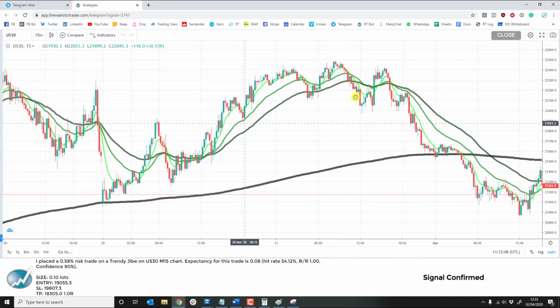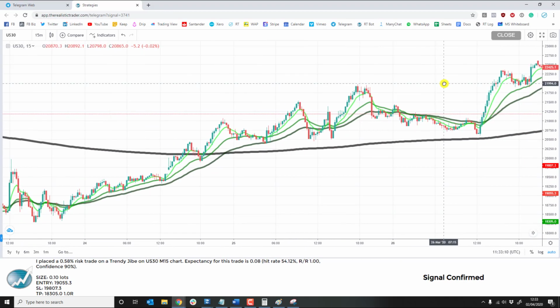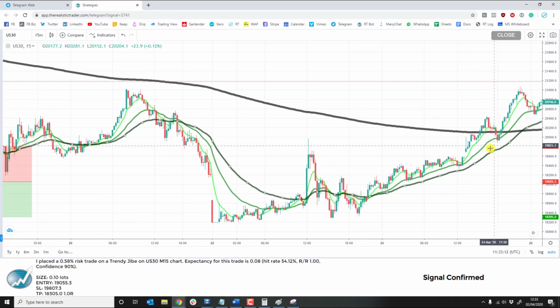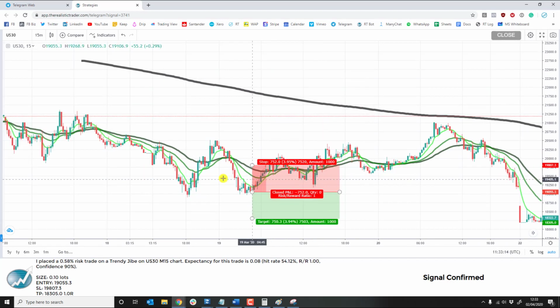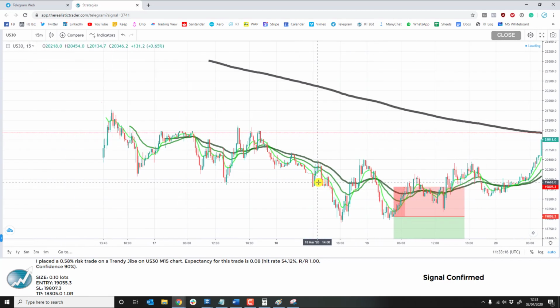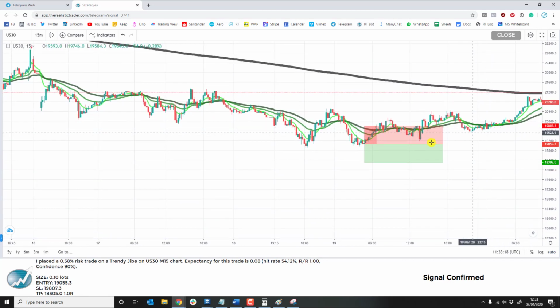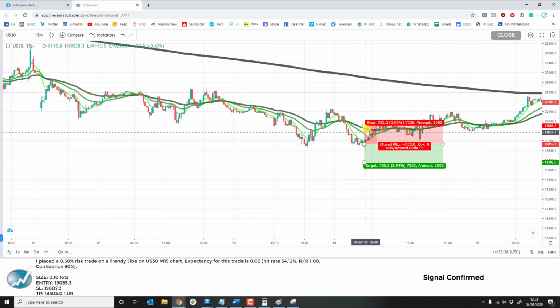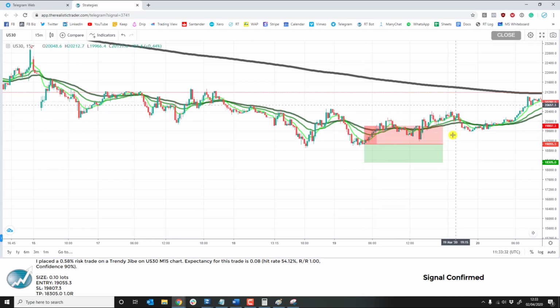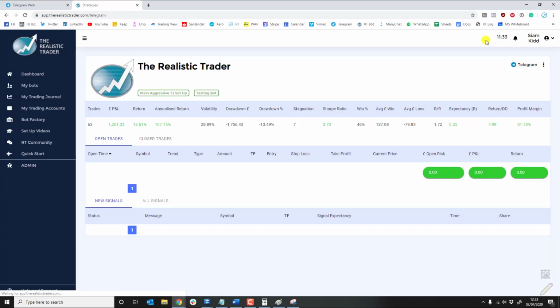Normally you won't have to do this because it'll just show you. It'll look like this, and then there will be a yes and a no button. So if you want to place a trade, you press yes and it will place the trade. In this case, that was the trade and we lost. It hit your stop straight away.